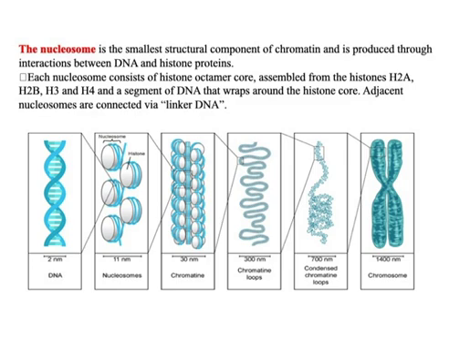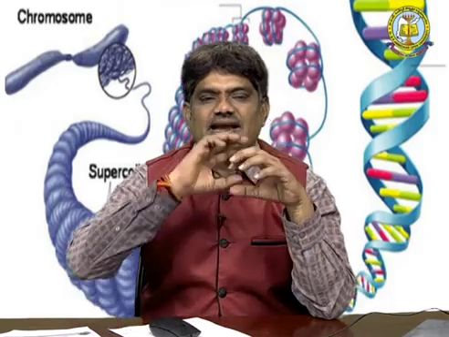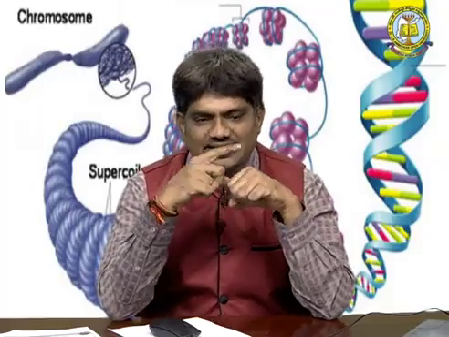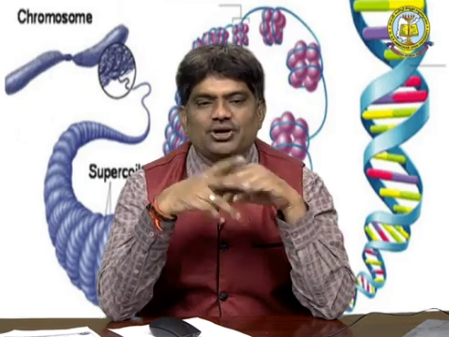We already said that Kornberg proposed and identified the nucleosomes. As you saw in the video, the chromosome is not a single thread; it is highly folded. The DNA, the genetic material, combines with the histone proteins, forming a bead-like structure surrounded by histone proteins.